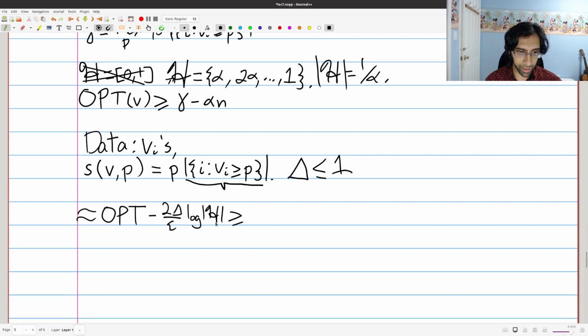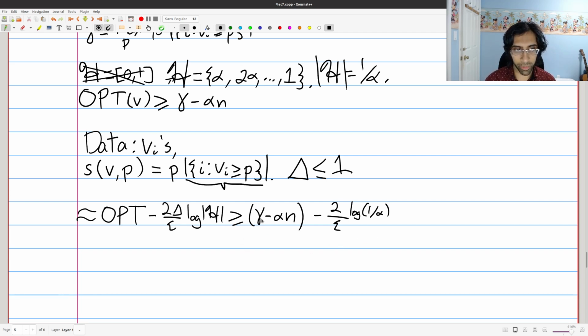Well, this is greater than or equal to, first we have one bound on the opt, so this is gamma minus alpha times n. And then this term here, let's just substitute everything in. Well, this just becomes minus 2 over epsilon times log 1 over alpha, where this log 1 over alpha is just log of the size of h.